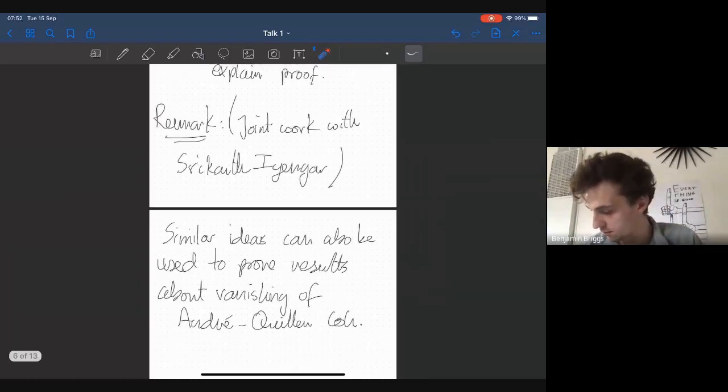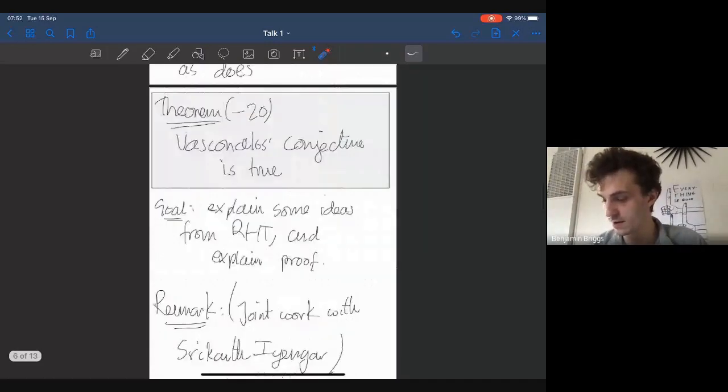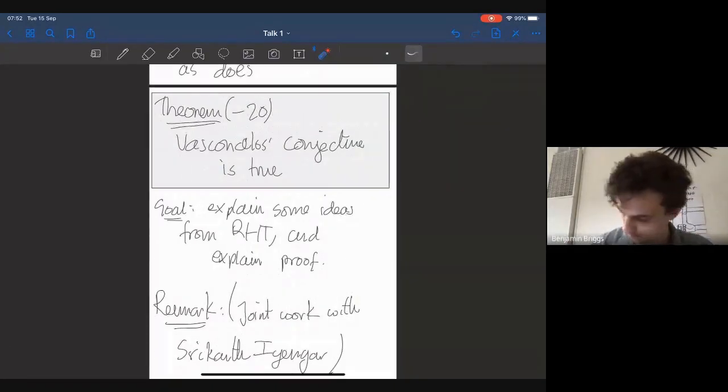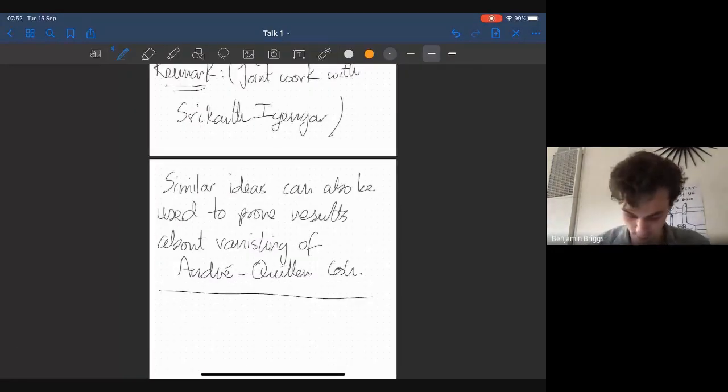So I won't talk about this, but it's interesting that these same things actually can also be used to do things about Andre-Quillen cohomology. And it's because there's a close connection between the cotangent complex and the conormal module. But anyway, that's just a side remark. I'll leave it mysterious.